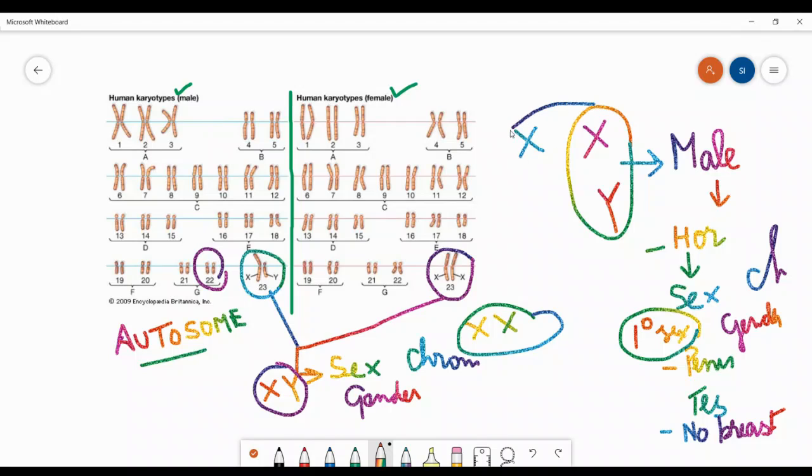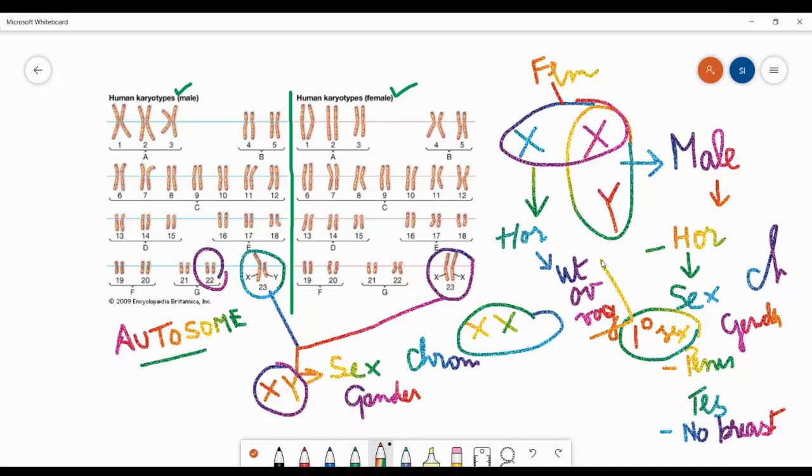So if it is XX, it is female, and this will produce hormones and growth factors which will produce the uterus, ovaries, vagina, etc., which are found in females and characterize females.